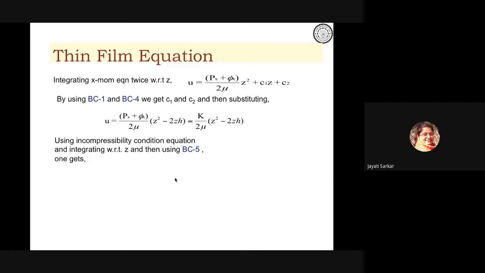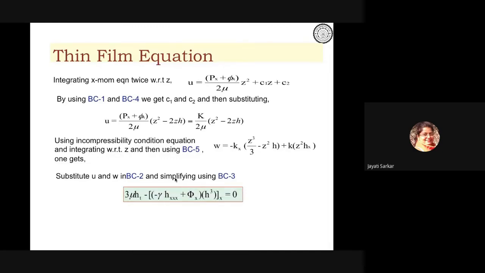Similarly, using the incompressibility condition and the impermeability condition, one can get the velocity component in the z direction. Putting it into the kinematic boundary condition and using the pressure jump at the interface, the normal boundary condition, we finally arrive at the thin film equation we want to solve.